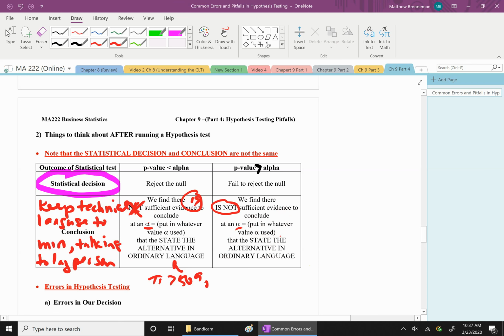This is exactly the same way that a jury talks in a criminal trial. A jury says that there is sufficient evidence to conclude a person's guilty, or there is not sufficient evidence to conclude a person is guilty. They never say that they're innocent. They're just commenting on whether there was enough evidence to persuade them.